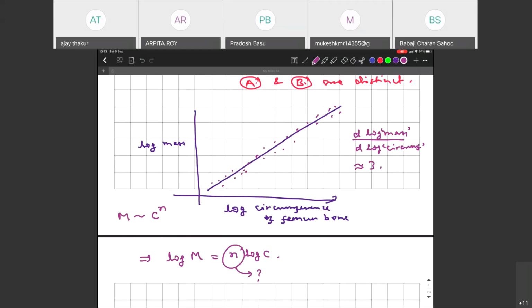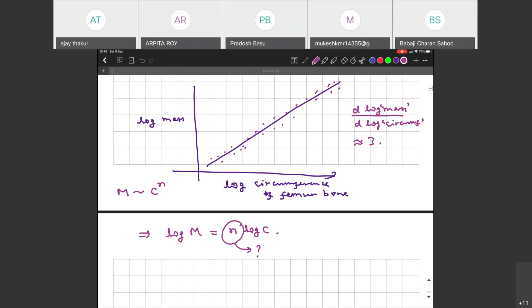If we have knowledge of this scaling law, then depending on the mass of our design, we would be able to already predict what should be the length of the femur part of the robot that we are designing, because that would most likely lead to the most optimal design, right? So therefore, scaling analyses are very useful.